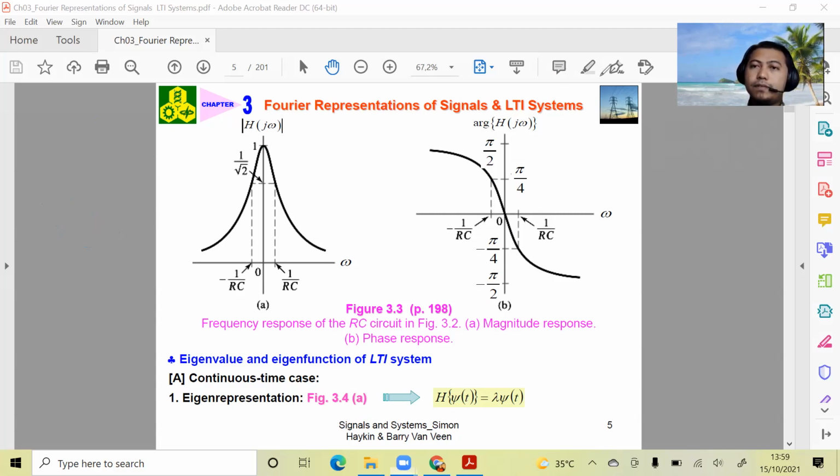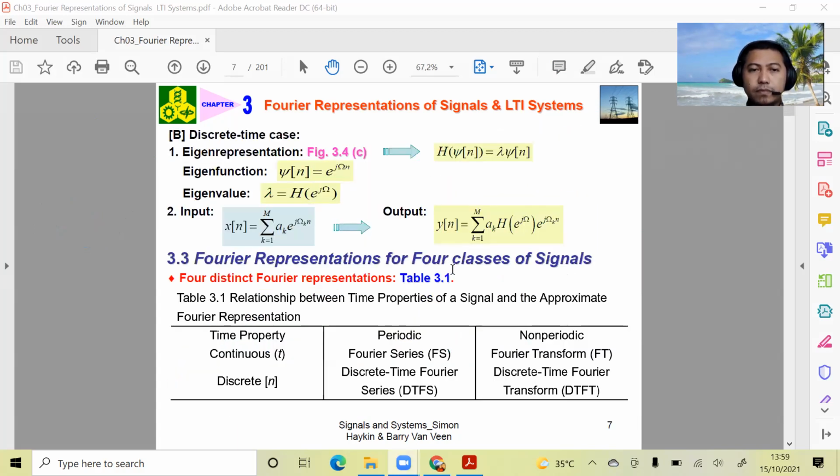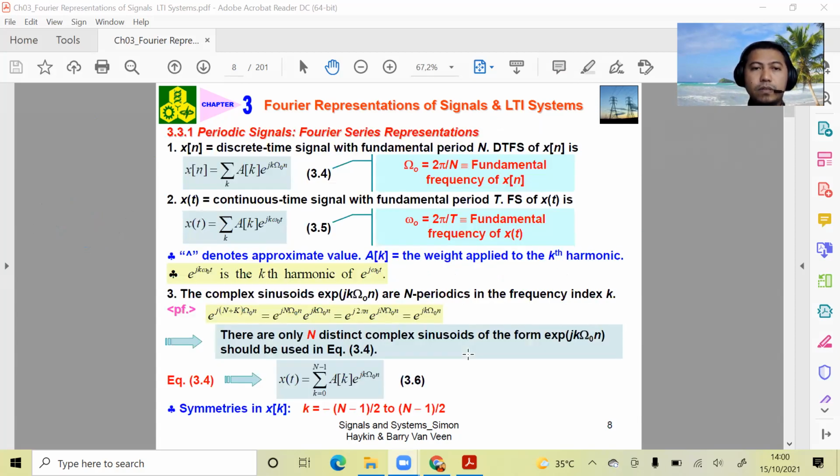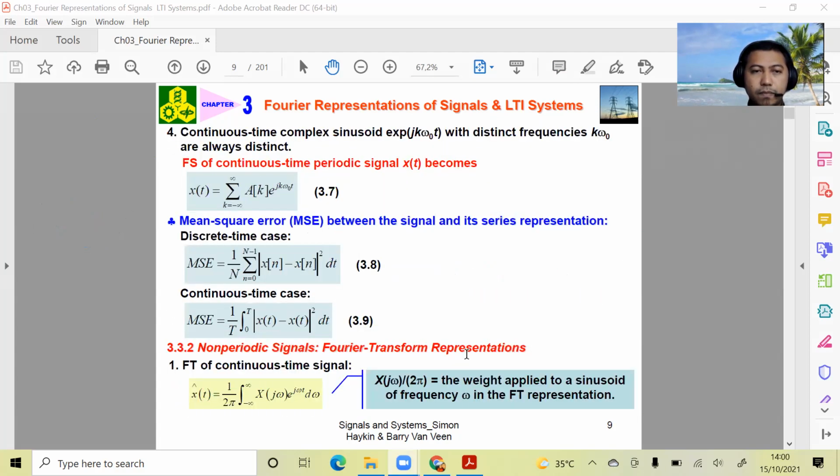And then we can move on. Yeah, this is a summary, and then we want to show you another example.